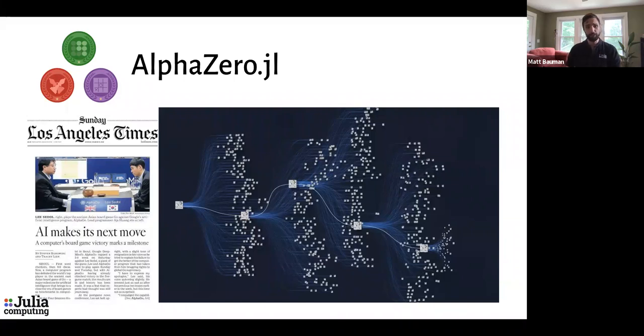And so AlphaZero is actually, I think the implementation from the 2016 tournament was AlphaGo. AlphaZero is a refinement of that implementation. It's actually a simplification that works a little bit better.